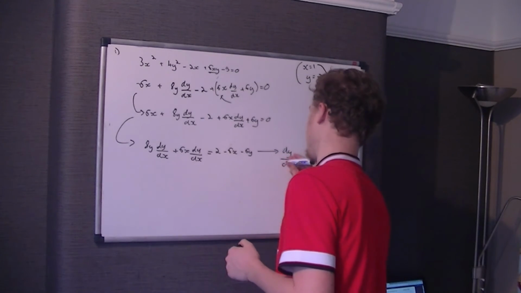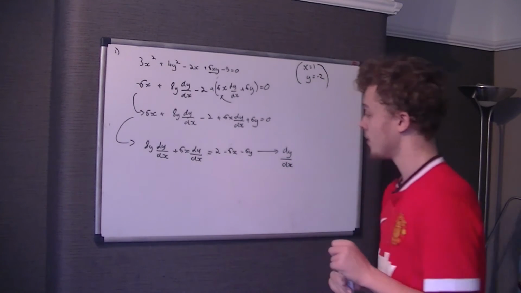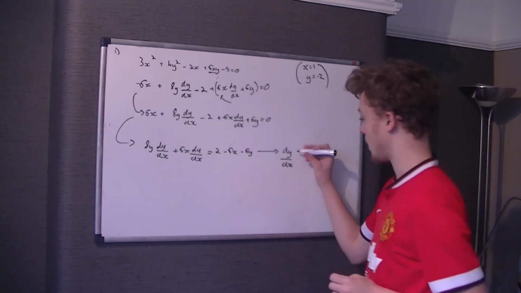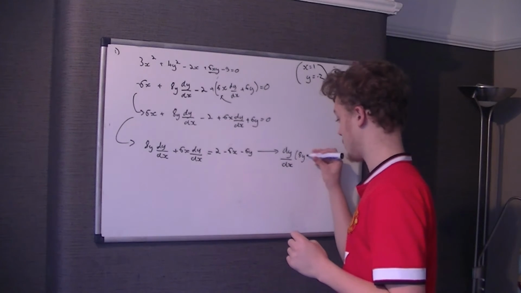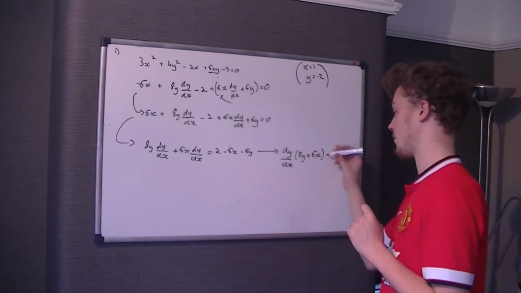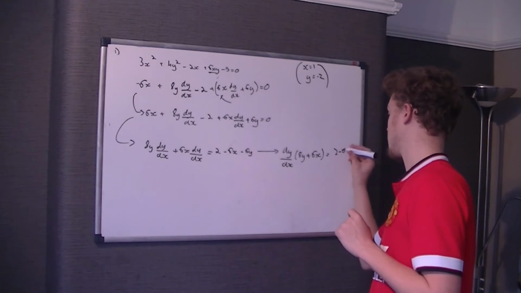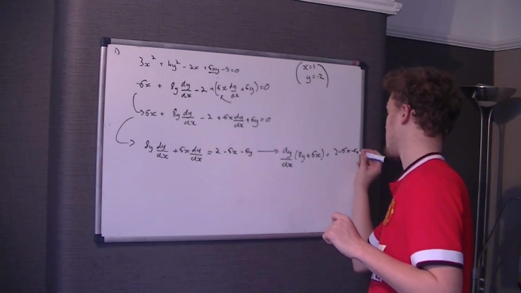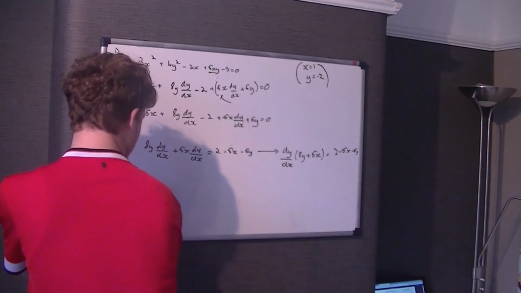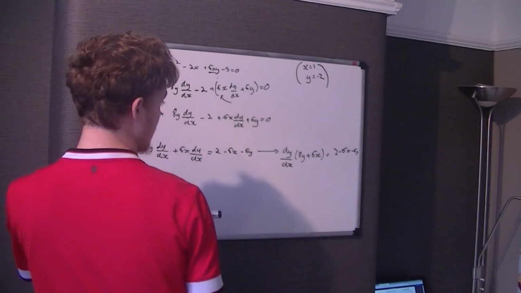Because whenever you see a differential equation, it's got dy/dx as the subject. So it's dy/dx, and then you take out the 8y and the 6x, so 2 take 6x, take 6y. And then because that is dy/dx times 8y plus 6x, you just divide both sides by 8y plus 6x.